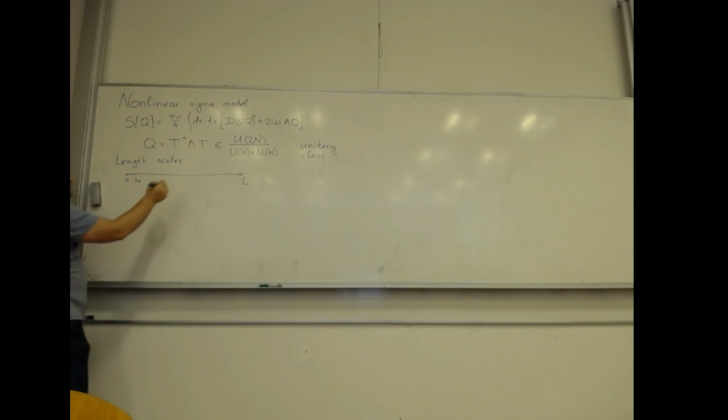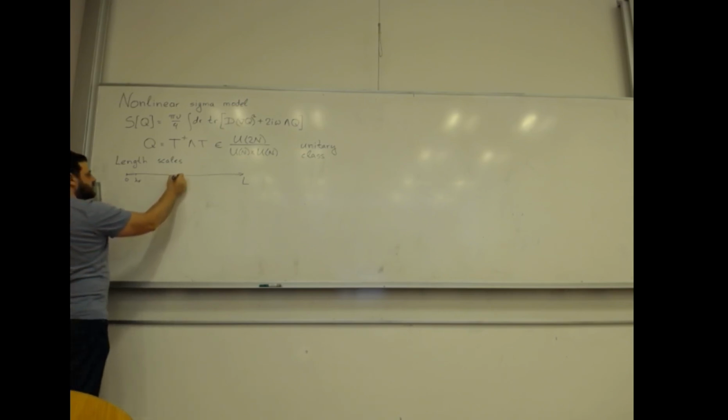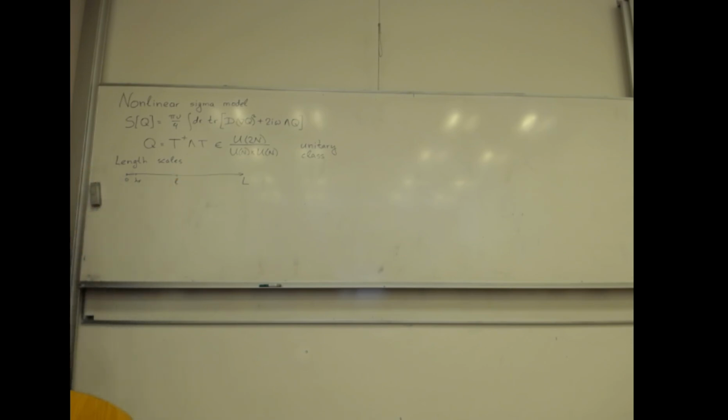And then there is a longer scale, which is the mean free path l. We always work in the limit when l is much longer than lambda Fermi, and this is actually the same condition as saying that epsilon Fermi tau is much larger than 1.